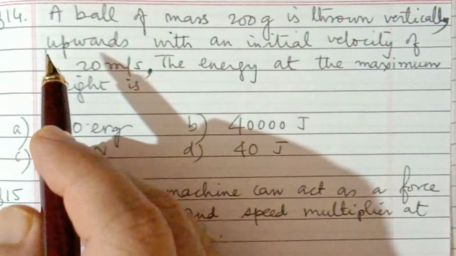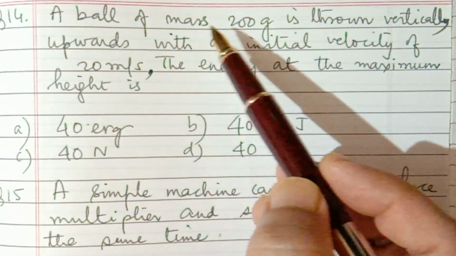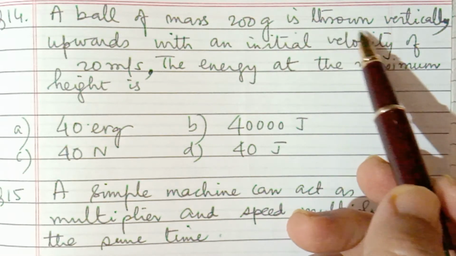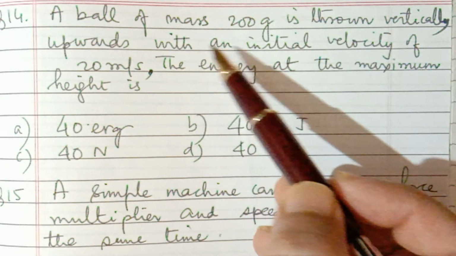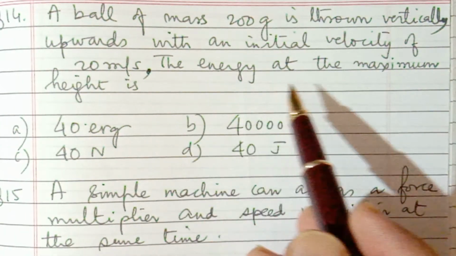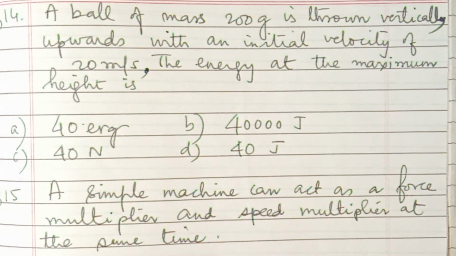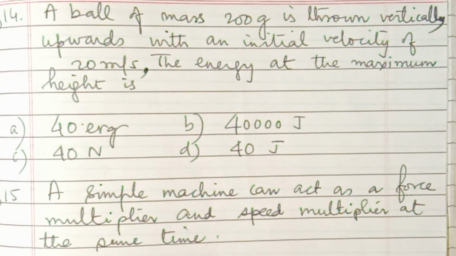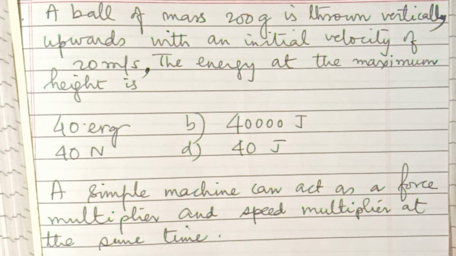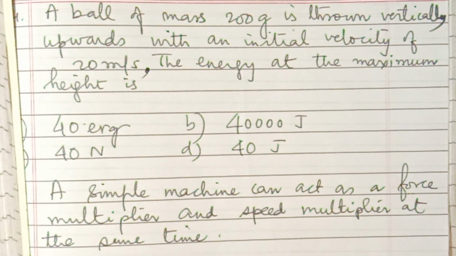Okay, next question is also based on conservation of energy. A ball of mass 200 gram is thrown vertically upwards with an initial velocity of 20 meter per second. The energy at the maximum height is... Here we give initial energy as kinetic energy, because you are throwing a body in the upward direction.